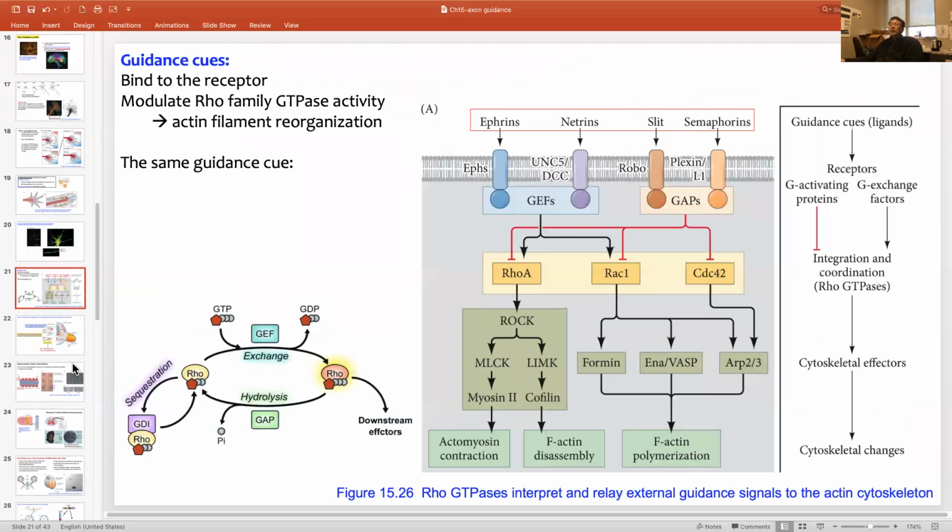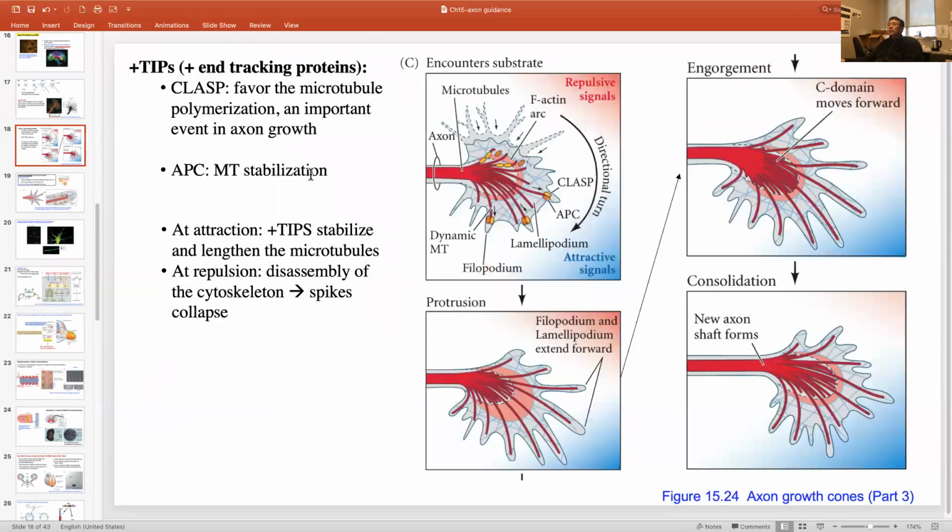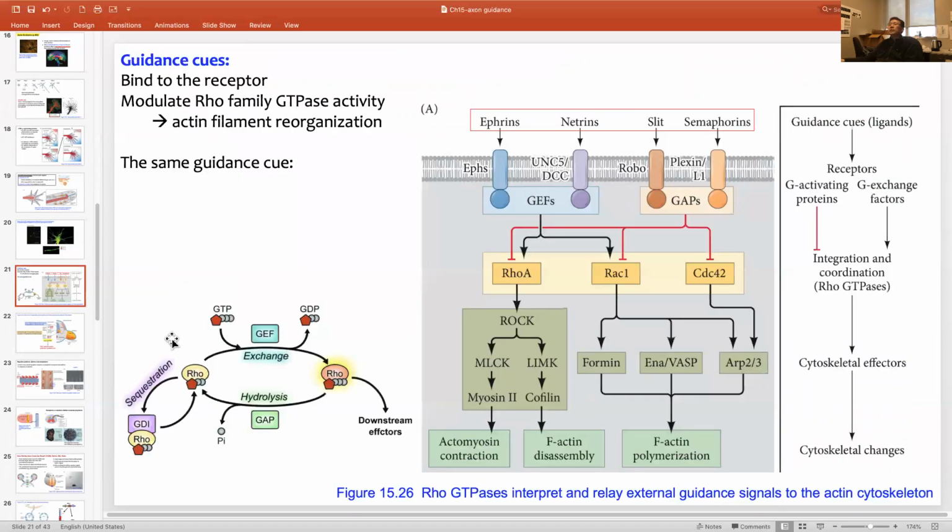Okay, so we briefly mentioned the guidance cues, the repulsive signals and attractive signals. What kind of signals are we talking about here? Those signals are collectively called guidance cues.